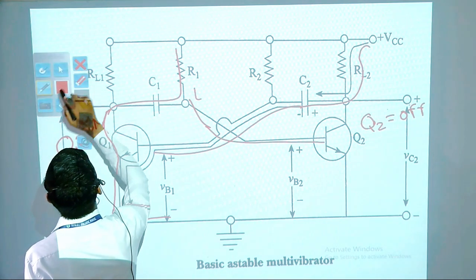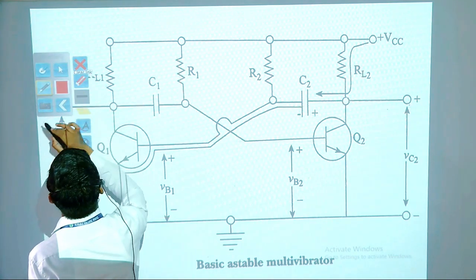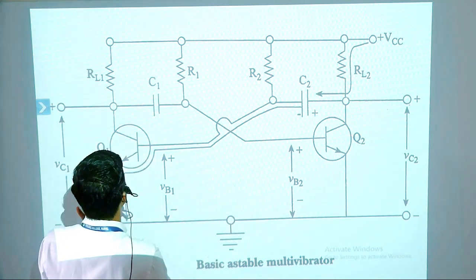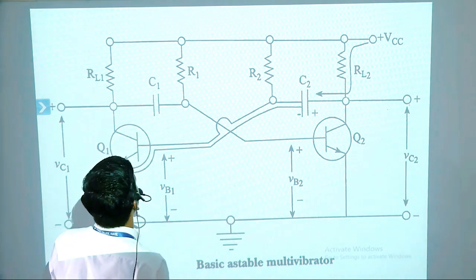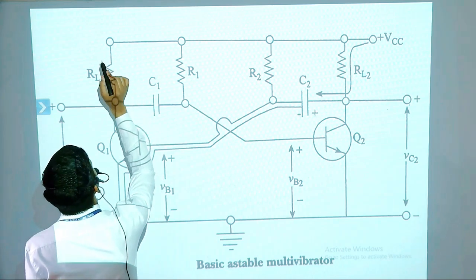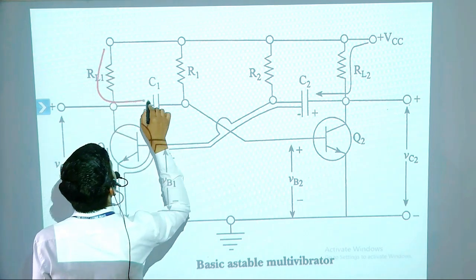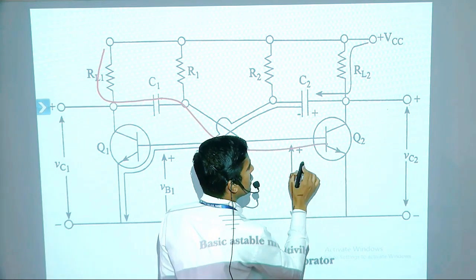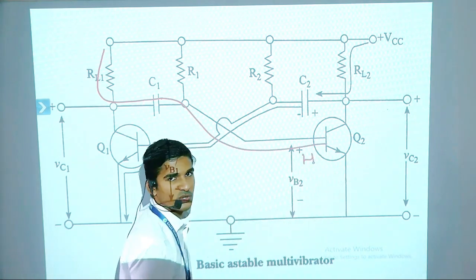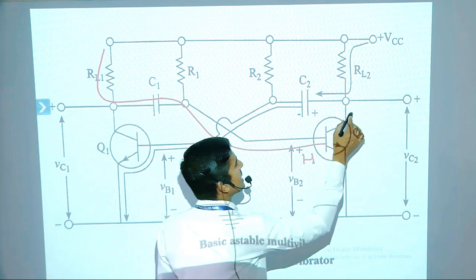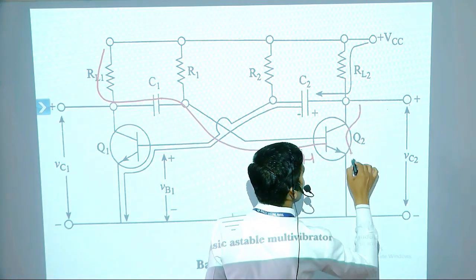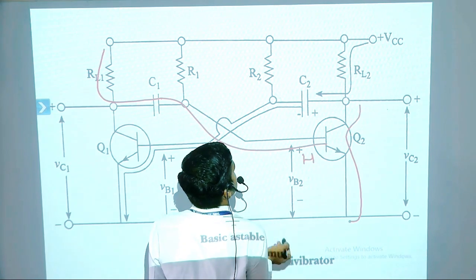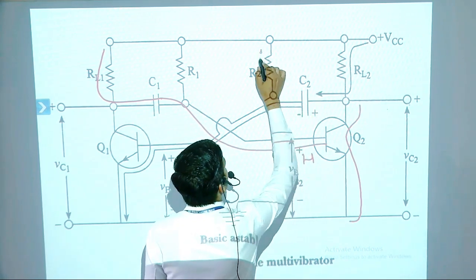So we discuss the second condition. In the second condition, transistor Q2 is on and Q1 is off. How is Q2 on? Capacitor C1 is charged through RL1 and this high signal goes to the base of transistor Q2. Then transistor Q2 is on. The resultant collector signal passes through the emitter to ground. Here capacitor C2 is discharged through R2.